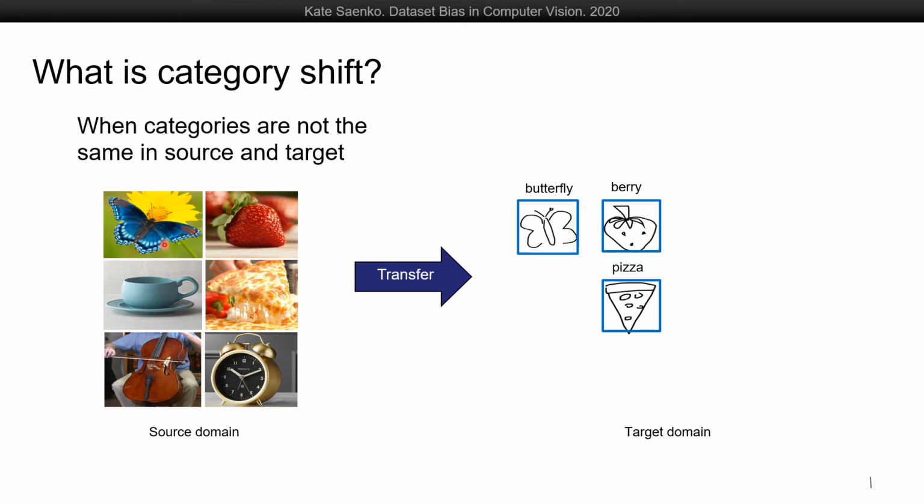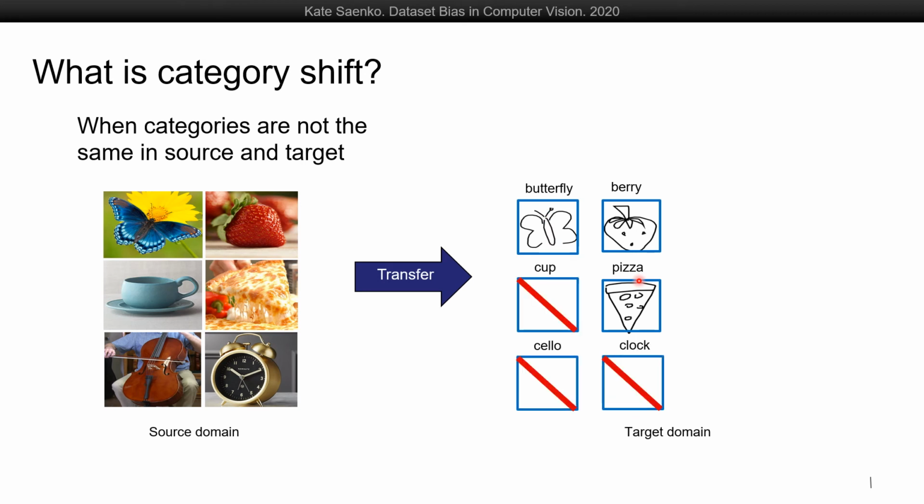So for example, if our source domain had these 6 categories, and then our target domain had butterfly, berry, and pizza, and didn't have these other 3 categories in it, and we may have no way of knowing that that is the case. Also, our target domain might have additional categories, which we'll call novel categories, that are not present in the source domain. So this is category shift.